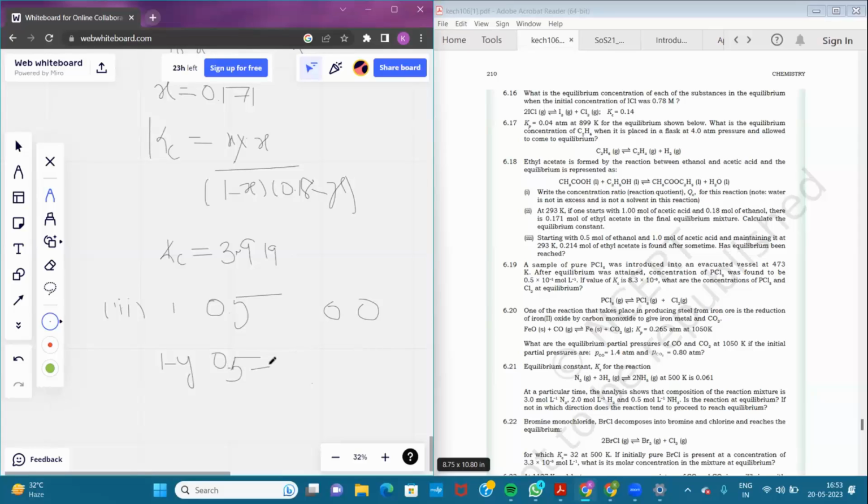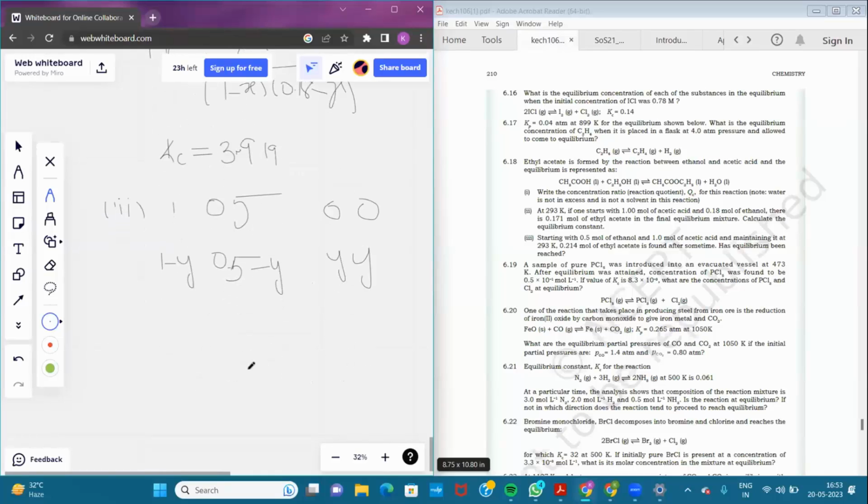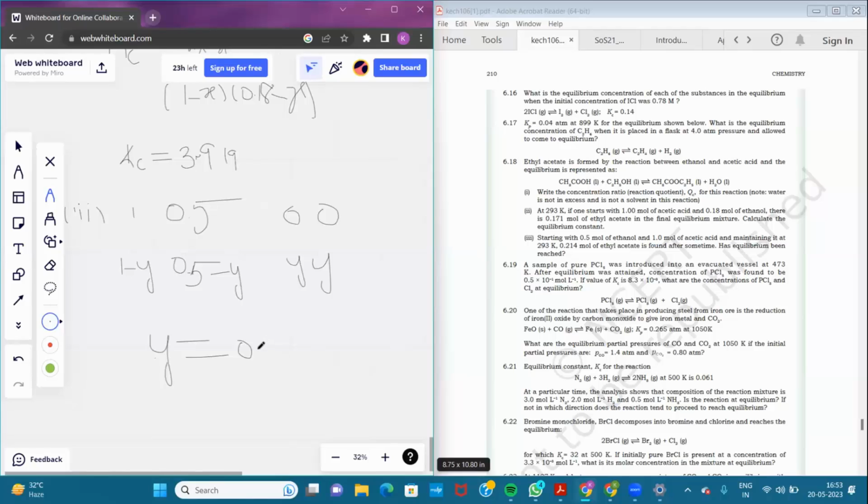This is 0.5 minus Y. This is Y. This is also Y. As per the question, Y is given as 0.214 at a certain time. We don't know whether it's equilibrium or not. We need to confirm that using the reaction quotient.